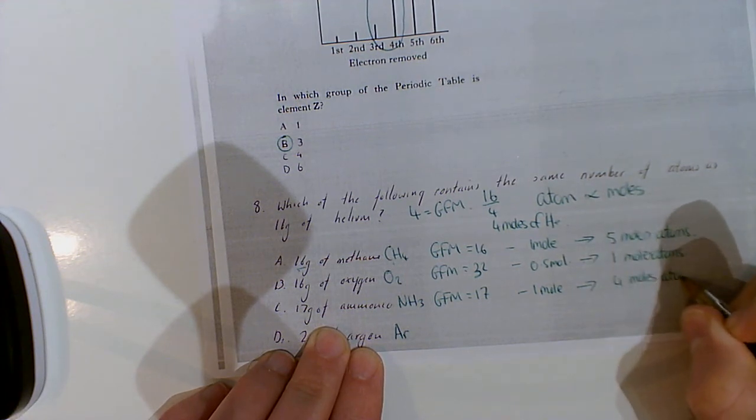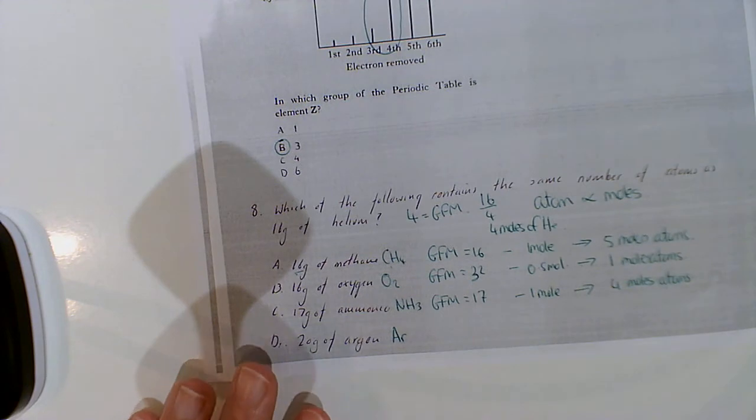of atoms. And finally, argon. Well, the GFM of argon is 20, I think. Oh, I'm just trying to find it on the data booklet. Sorry.